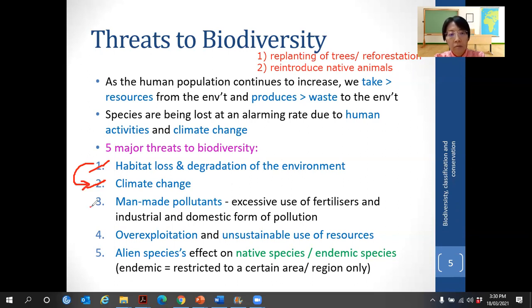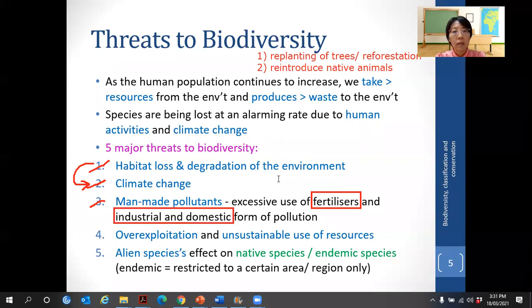Okay. Now, threat number 3 that causes degradation of the habitat is man-made pollutants. Basically there are 2 types. The first one is fertilizers, and the second one is the effluent from industry and domestic houses.